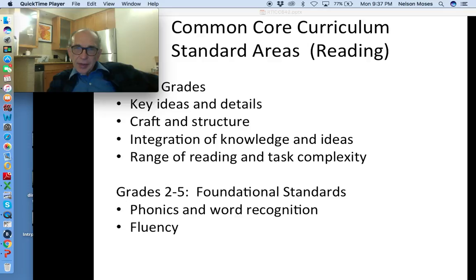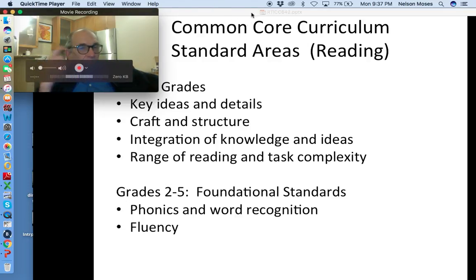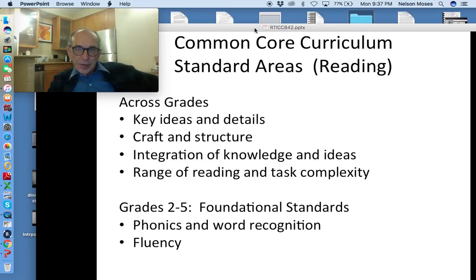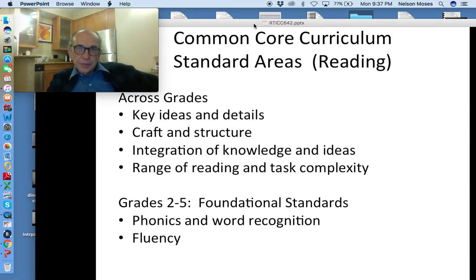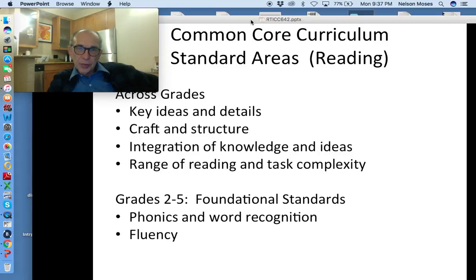These are some of the areas then of Common Core. So that's a meta approach to reading, and you see that starting right in the first grade, as I've seen in schools. Across grades, these are some of the Common Core curriculum standard areas in reading: key ideas and details, craft and structure, how books are written, integration of knowledge and ideas, and range of reading and task complexity.